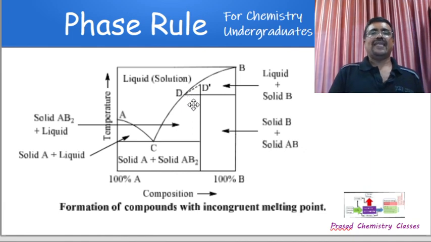So at the point D, the melting point, you have the liquid solution that is in equilibrium with the solid AB2 as well as solid B. That is it. Okay, that's right.